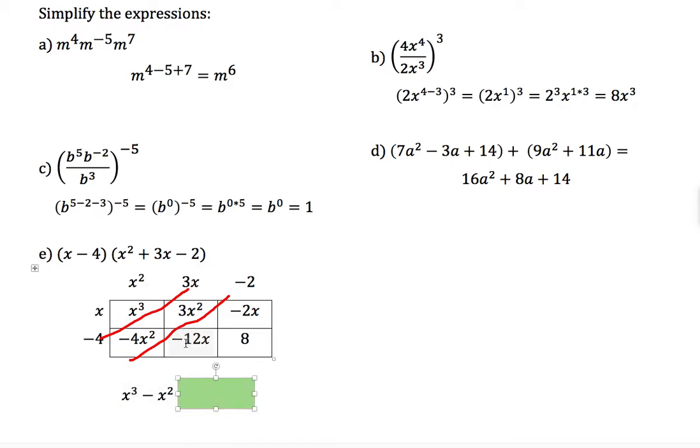And then negative 12x minus 2x gives you negative 14x. And positive 8 at the end, because we can't. I forgot this line over here. This positive 8 is saved at the very end. It's all by itself. All right, moving on.